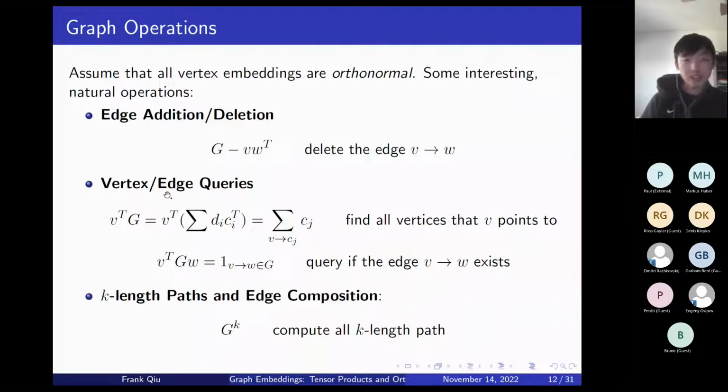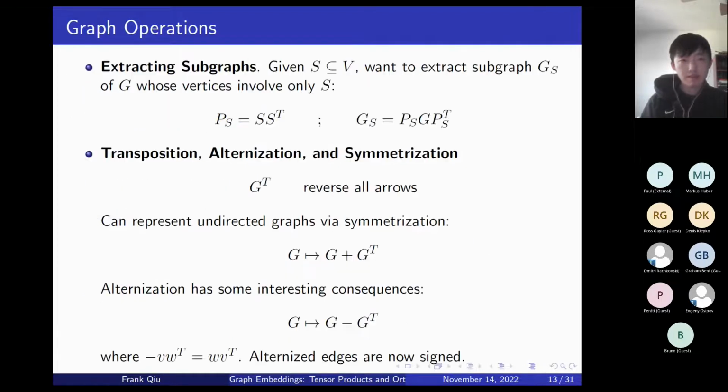You can do vertex and edge queries, asking if a vertex or an edge exists in this graph, and again, this is all leveraging orthonormality. I can do edge composition or compute k-length paths by taking the kth matrix power of the graph embedding. I can extract subgraphs by conjugation with the appropriate projection matrix, where S is the matrix whose columns are the vertex codes of the subset S.